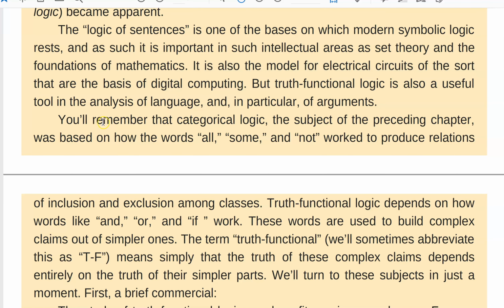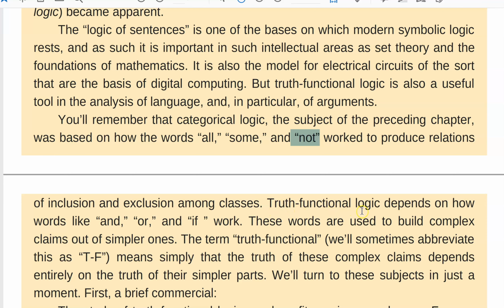And of course, we just finished something called categorical logic, right? So this is the subject of the preceding chapter. It was based on the words all, some, and not, and they produce relations of inclusion and exclusion among classes or groups, as we talked about them. So truth functional logic doesn't really work that way.